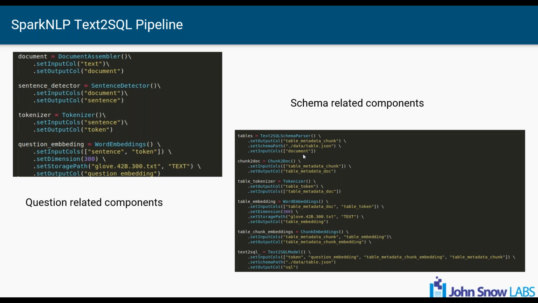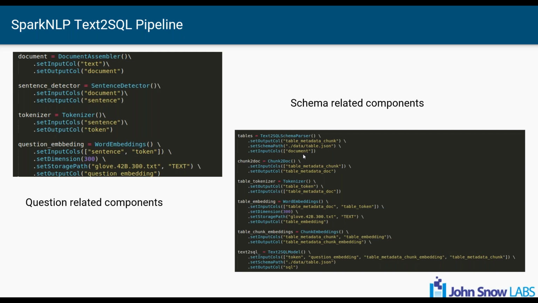That's why we are using chunk to doc. And we will go through the same process again. We will go through the tokenizer, and we will use the embedding. And next we will convert that embedding into chunk embedding, based on the chunk output by this text-to-SQL schema parser.